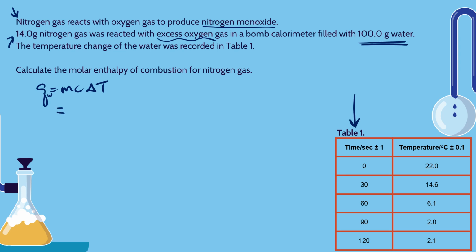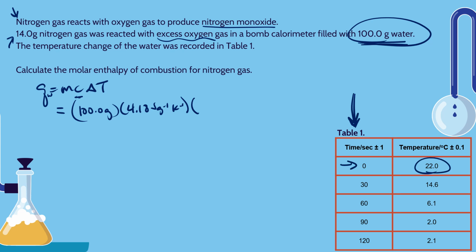So Q of the water, we had how much water? 100 grams of water. The C, specific heat of water, is still 4.18 joules per gram per Kelvin or degree Celsius. Our temperature change, we're going to use the table to figure that out. Our initial temperature was 22.